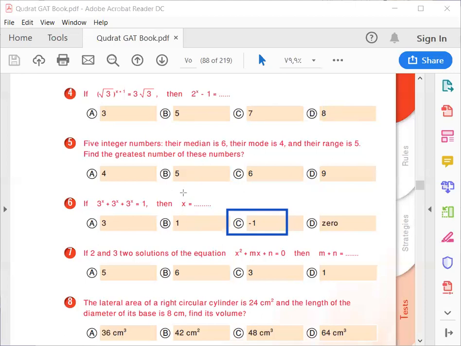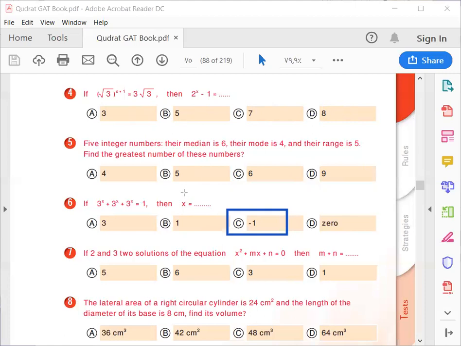Now number 7. If 2 and 3 are the two solutions of the equation x squared plus mx plus n equals 0, then m plus n is how much? Now I have the roots of this equation.